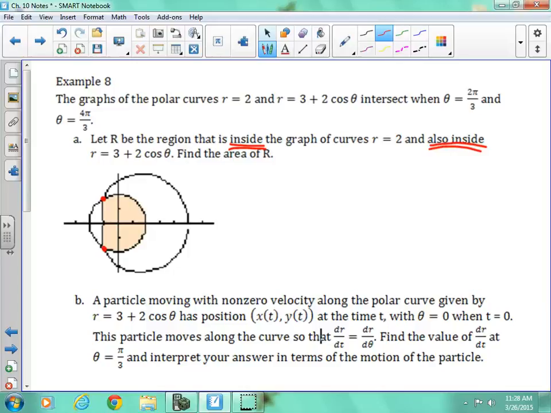Can you just do the top half? I could do the top half and then I could multiply by 2. So what would the top half be? If I need to start here, what's my angle here? 0. Sorry, pi over 6, pi over 4. When am I going to stop? There. Hold on, wait. That's not good.